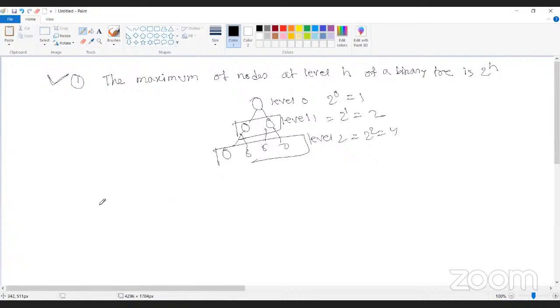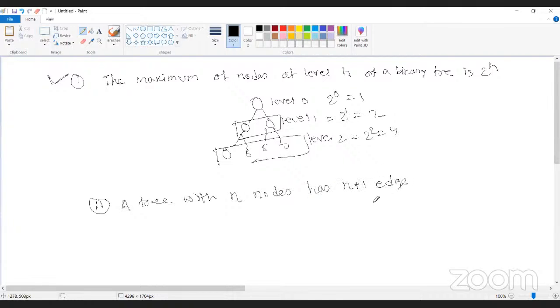And the second statement is: a tree with n nodes has n plus 1 edges.